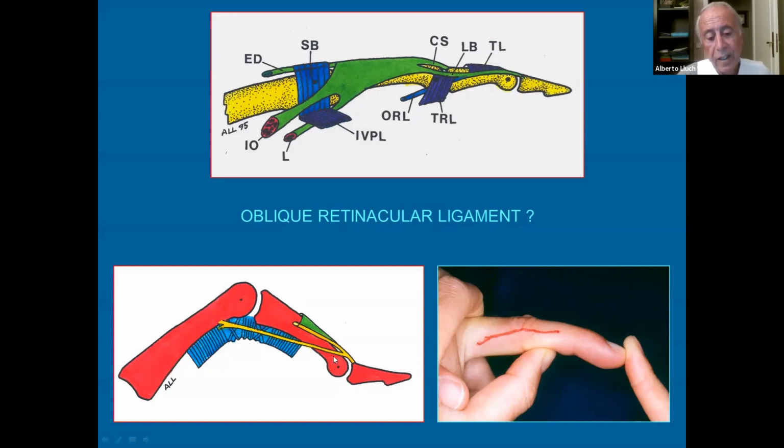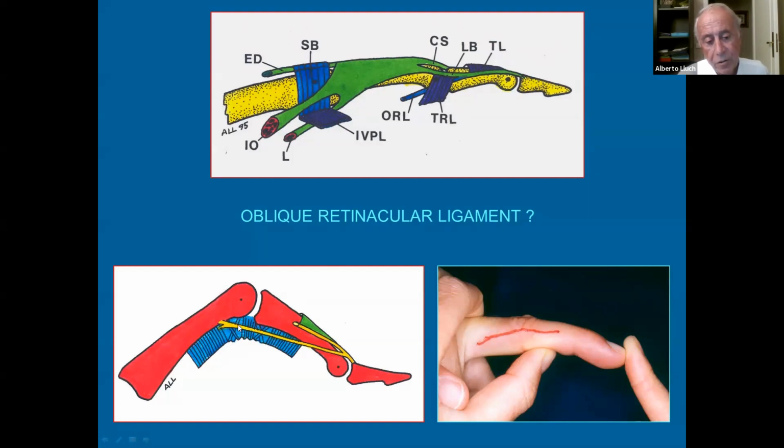unless you try to reconstruct it to correct the swan neck deformity, like the technique that James Thompson, a personal doctor who trained with Littler at Roosevelt Hospital, designed, which is to reconstruct the oblique retinacular ligament to correct the swan neck deformity. Swan neck deformity is hyperextension of the PIP joint and flexion of the DIP joint.